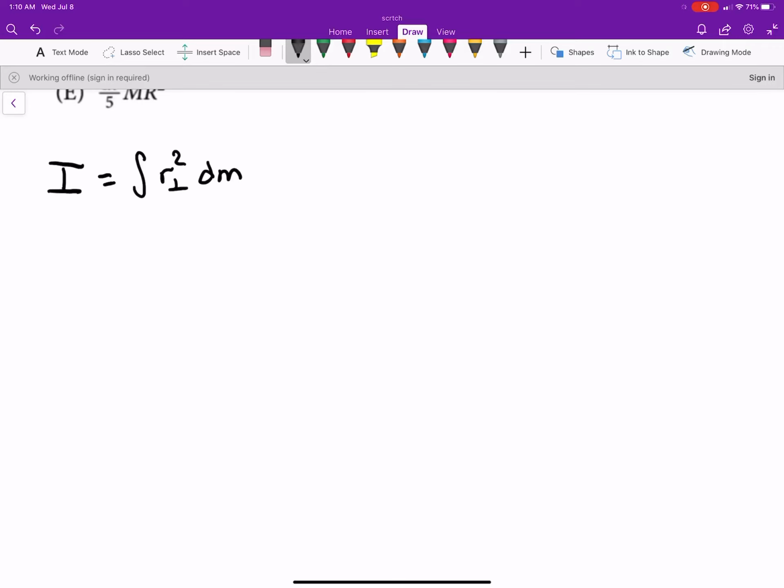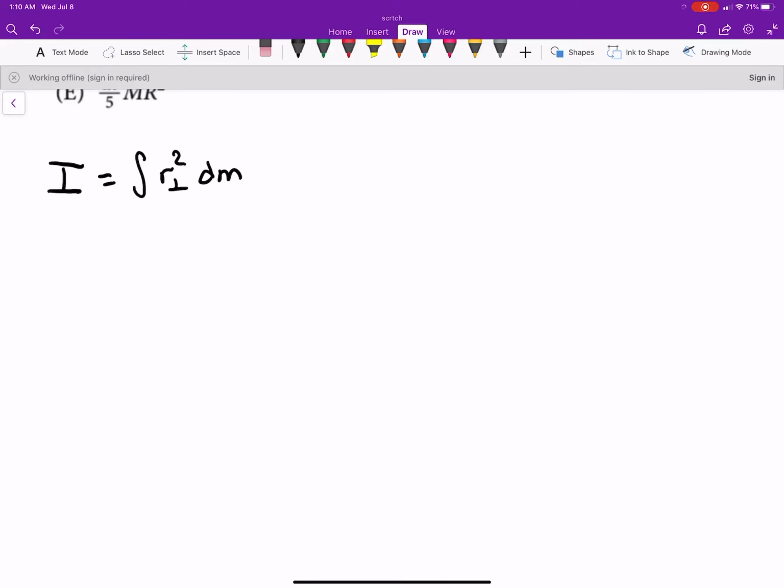And just a reminder, r perpendicular is the distance from whatever mass part of the sphere we're looking at to the axis of rotation, and dm is a small chunk of mass. I think it'll make a little more sense if I draw it out.